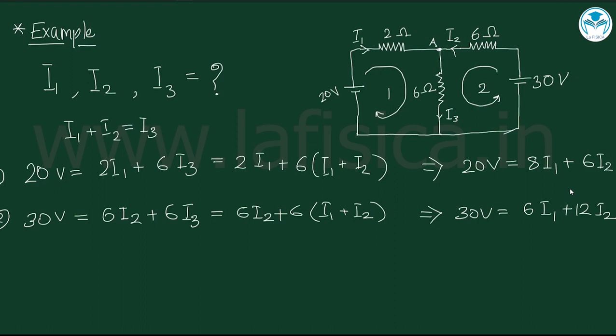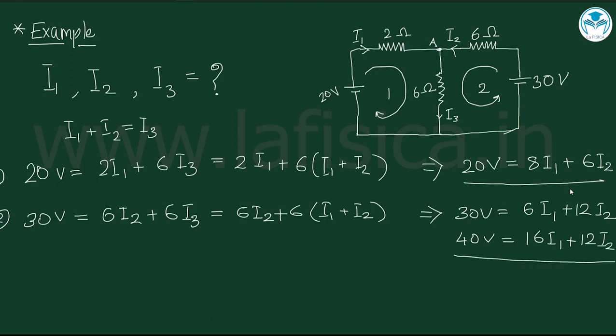Now we have two equations and two variables, which is easily solvable. I will multiply this equation by 2, then I will get 40 volt equal to 16I1 plus 12I2.